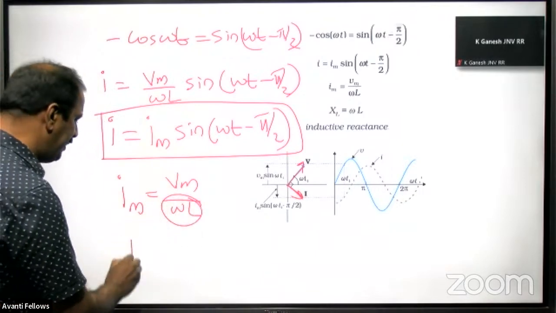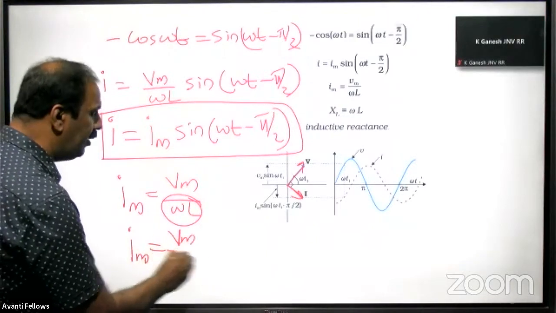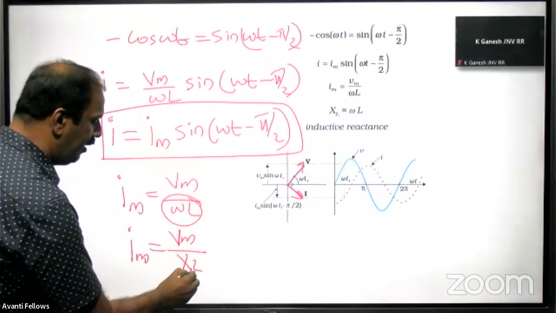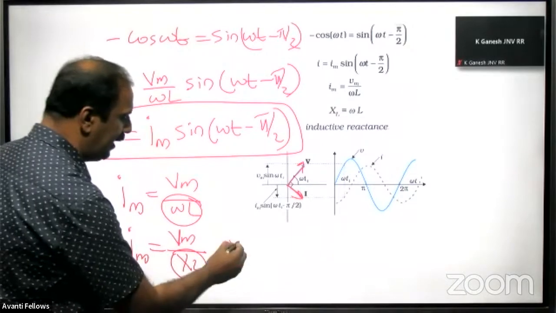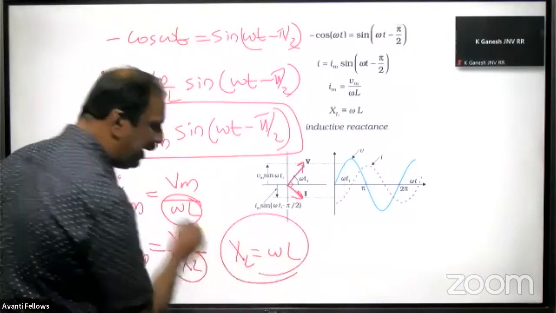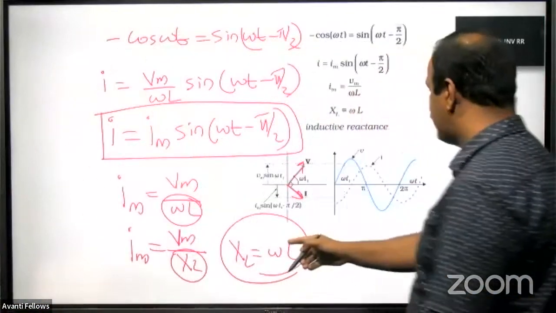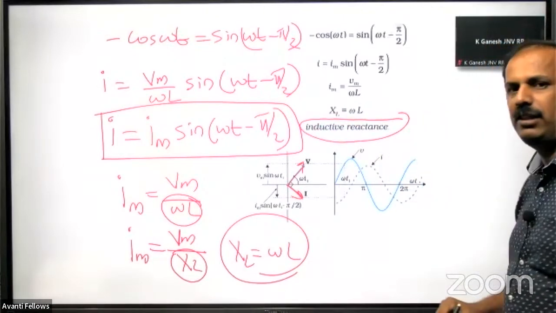So we can write Im is equal to Vm divided by XL. What is this XL? XL is equal to omega L. This plays the role of resistance, and it is called the inductive reactance.